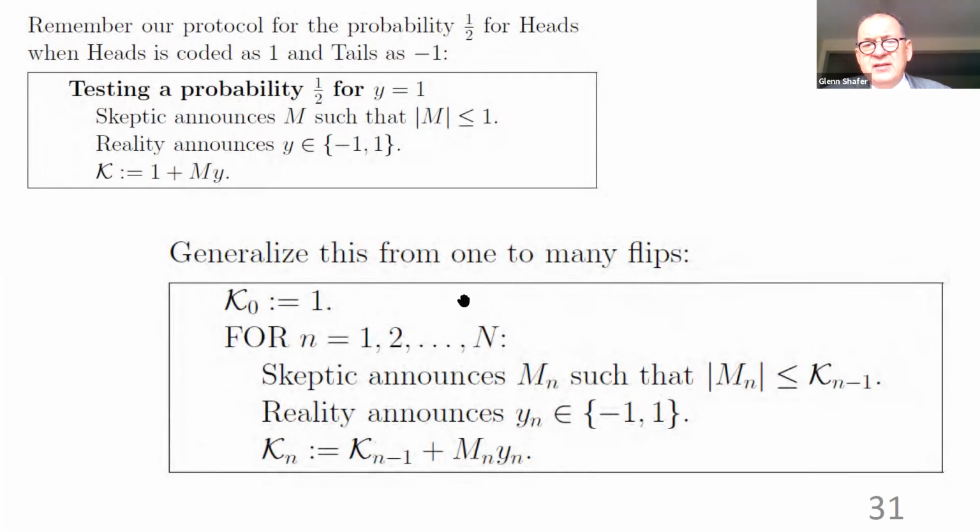We could generalize this to many flips. This is the same as this one, except we have many rounds. So in each case, instead of the absolute value of m being less than or equal to 1, it has to be less than or equal to our current capital, because we're going to add -1 or +1 times our bet to the current capital.